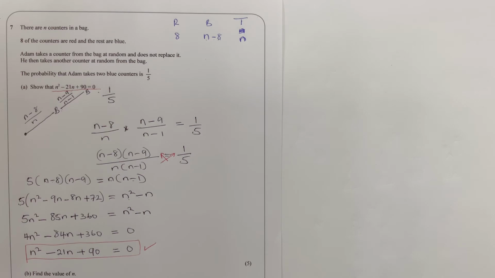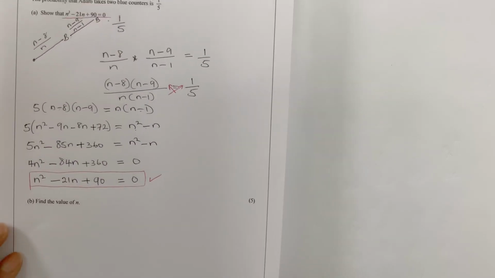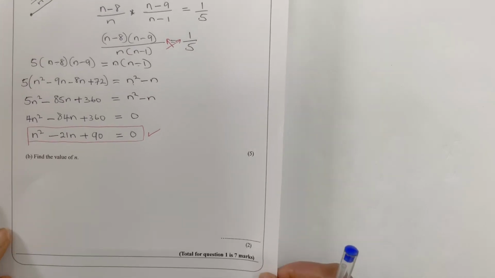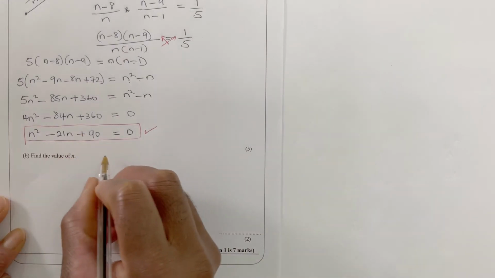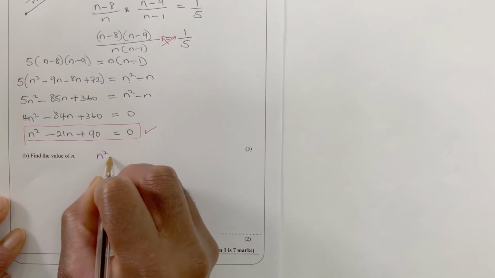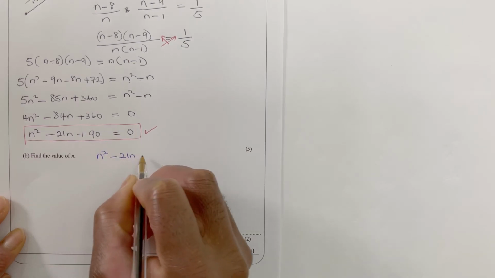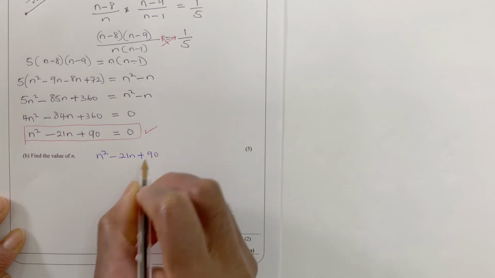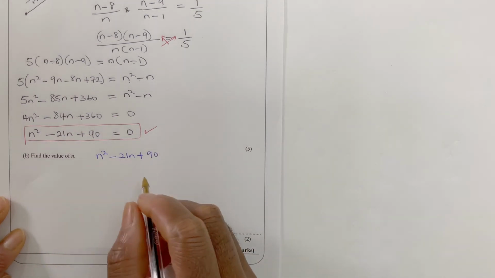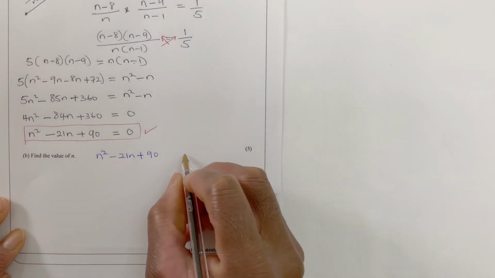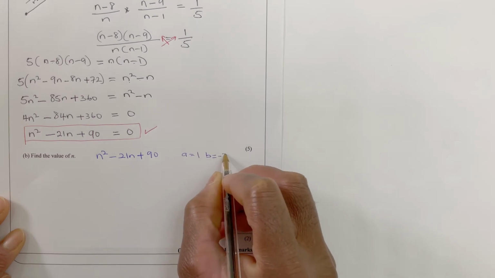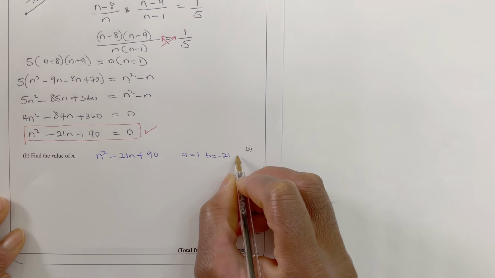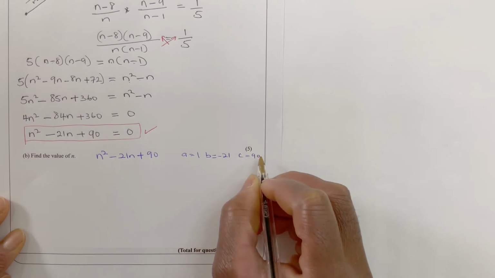Now we need to solve for n. So the question part B says solve for n. To solve for n, we solve that equation, n squared minus 21n plus 90. How do I solve that? Well, you could do a equals 1, b is minus 21, c equals 90.